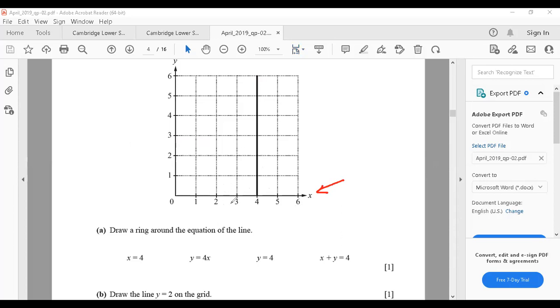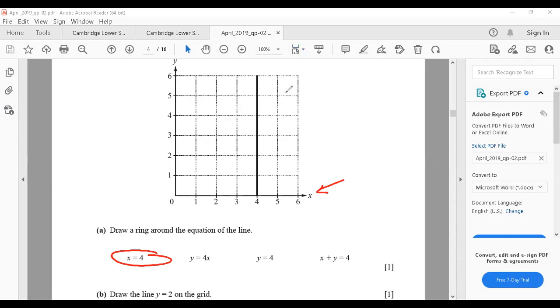So it's a relation between x and 4 only. Why didn't I mention y? Because the line does not intersect the y-axis ever. So the relation is only represented by x equals 4. You understand it?